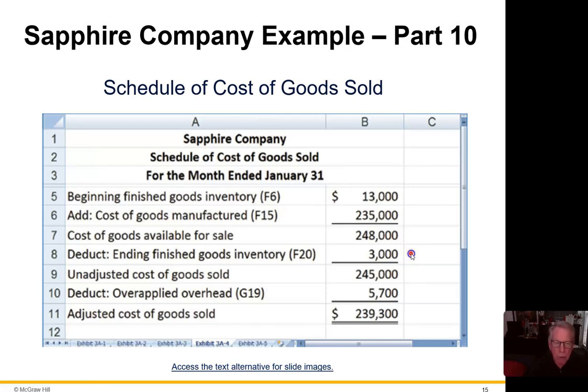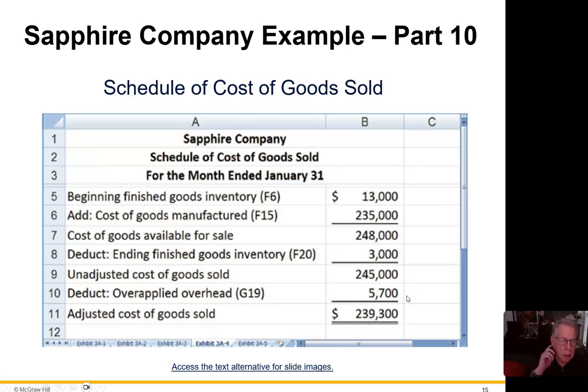We back out the ending finished goods inventory, and that gives us our unadjusted cost of goods sold.